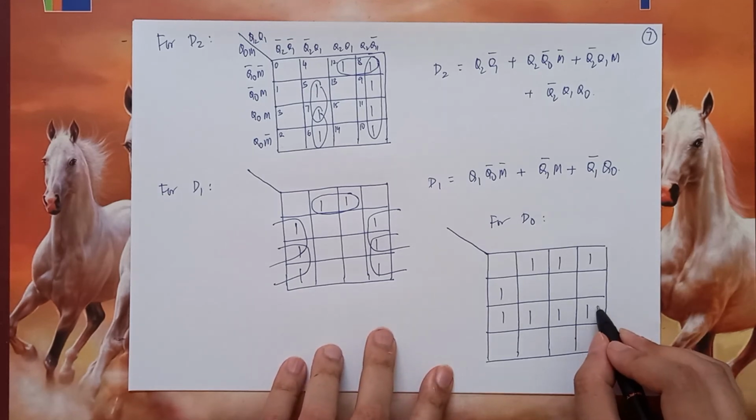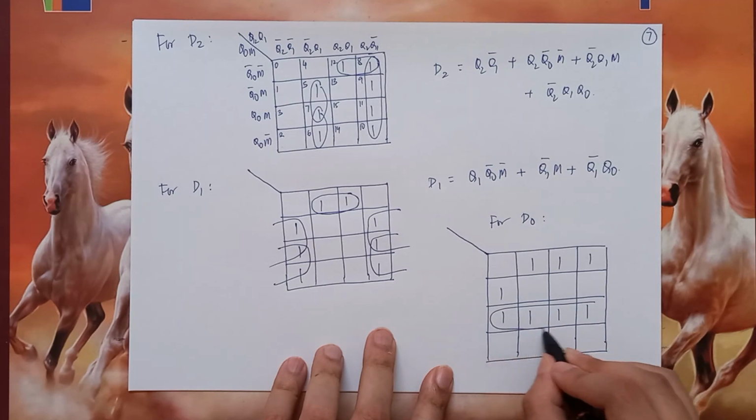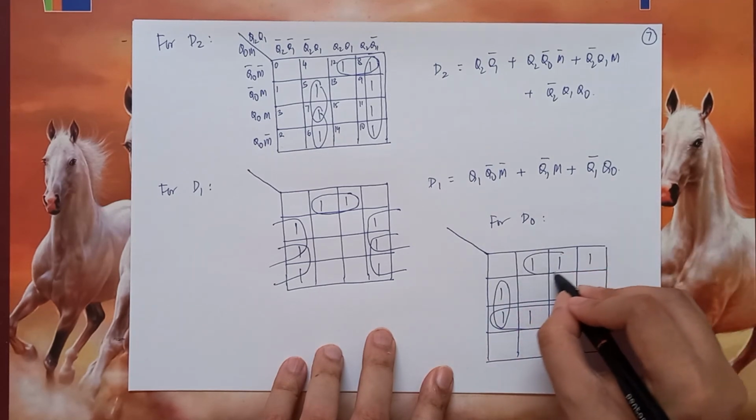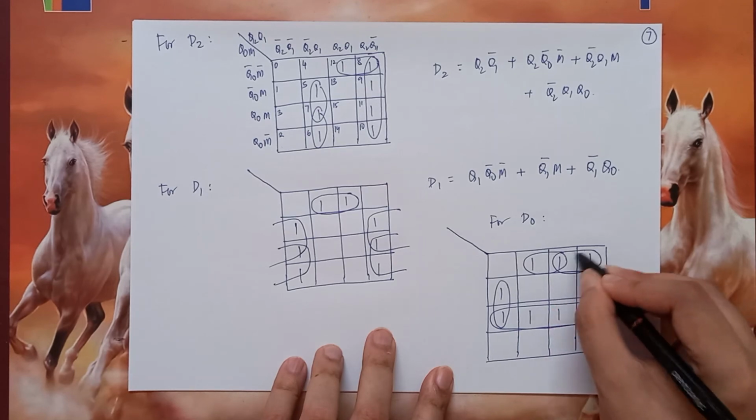So we can quickly make one group of 4 over here, one group of 2 and 2 groups of 2.